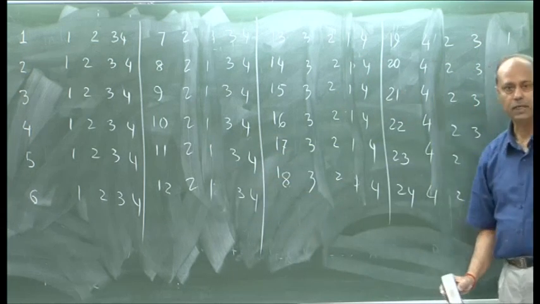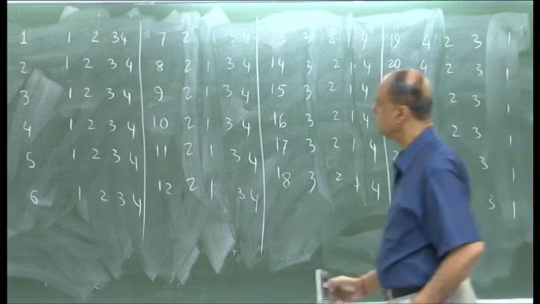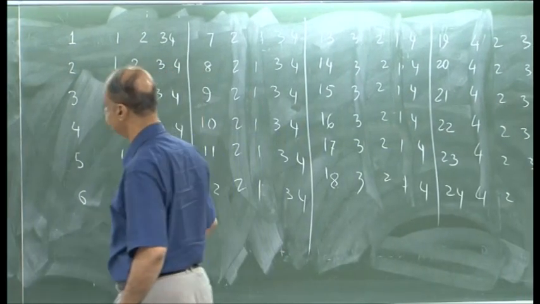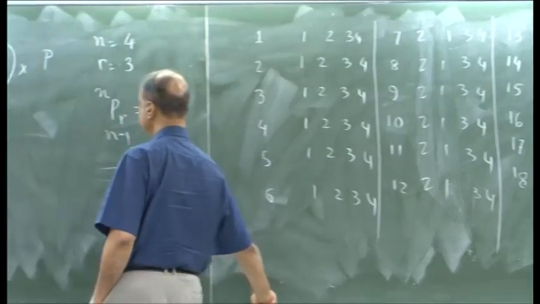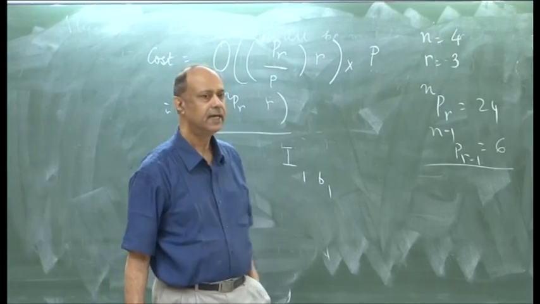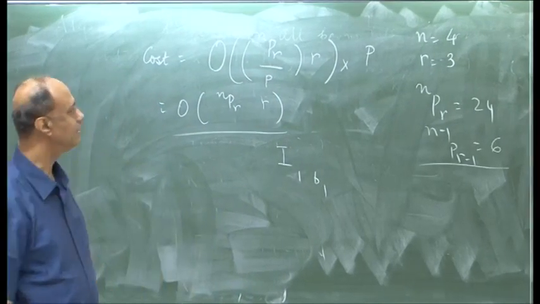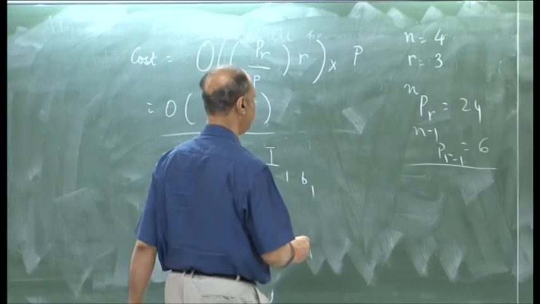The first element is 1, 2, 3 or 4. Now consider this group. It has a common element and 6 elements. These 6 elements are divided into n minus 1 groups, basically 3 groups.